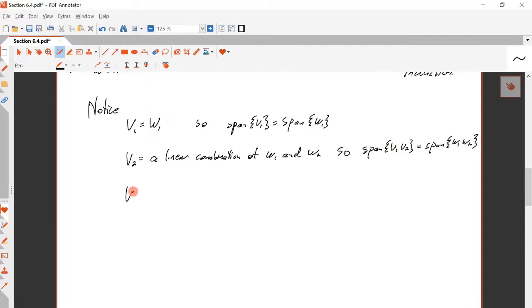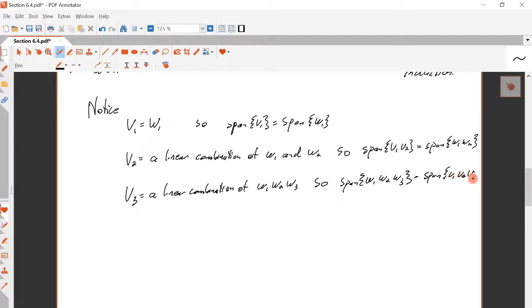V3 is equal to a linear combination of W1, W2, W3. So span W1, W2, W3 is equal to span V1, V2, V3.